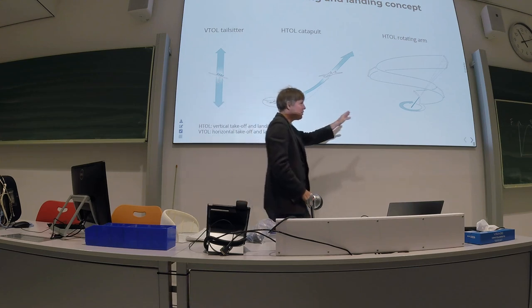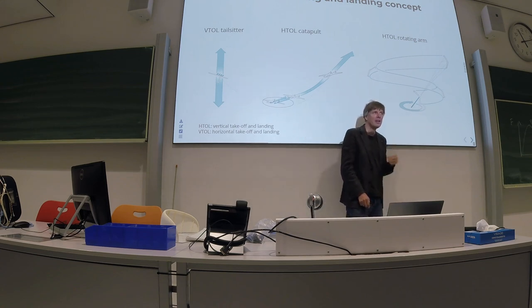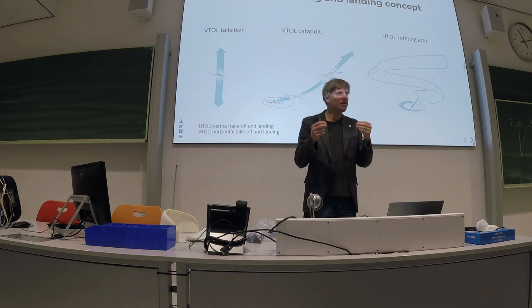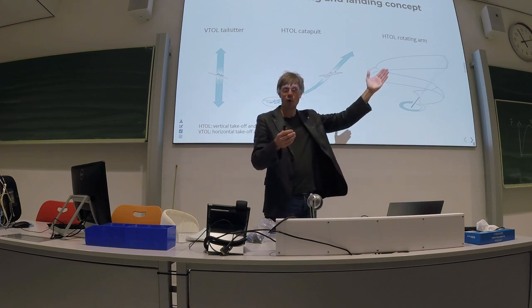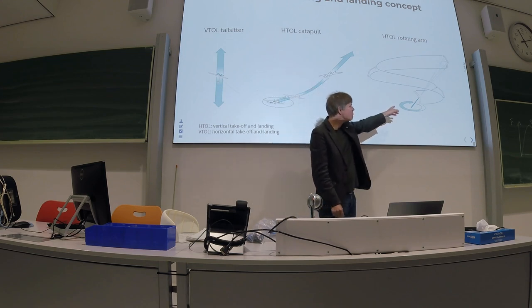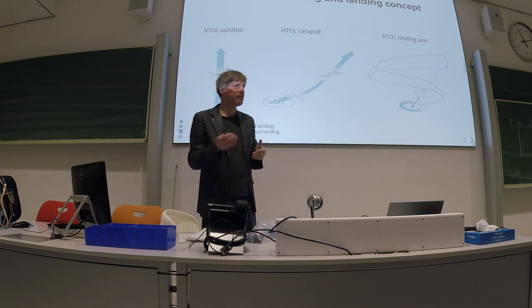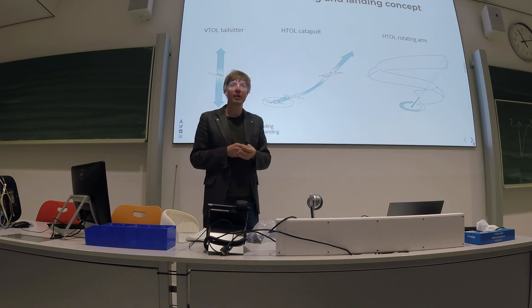You can compare this a little bit with the vertical axis wind turbine, only with the idea to at some point let go of the blade and bring it into free flight. So the launch here has the same complications as a vertical axis wind turbine in operation.